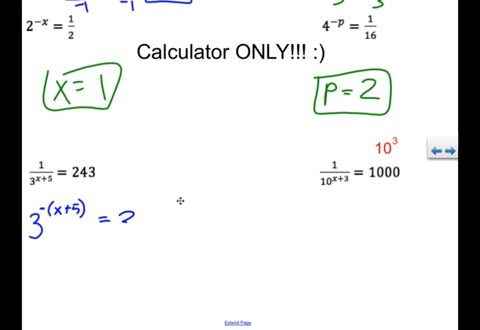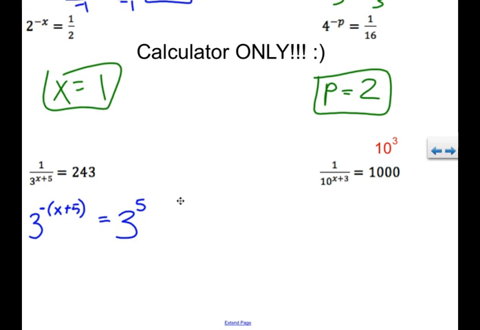So then I know my right side has to be a base 3. So I'm going to guess and check some numbers. So 3 to the 3rd power gives me 27, doesn't work. 3 to the 4th power doesn't work. It ends up being 3 to the 5th power. Will get you 243.